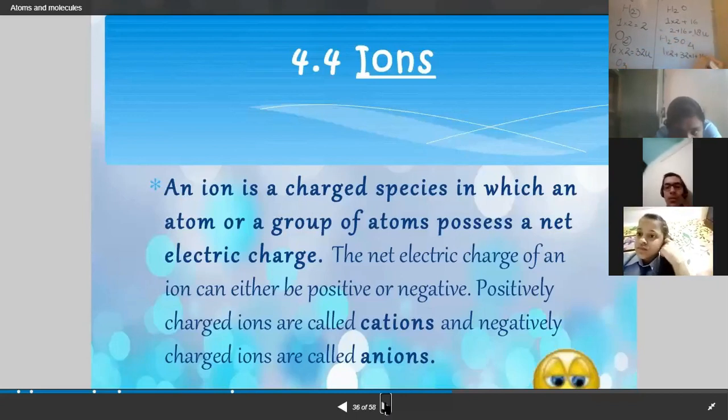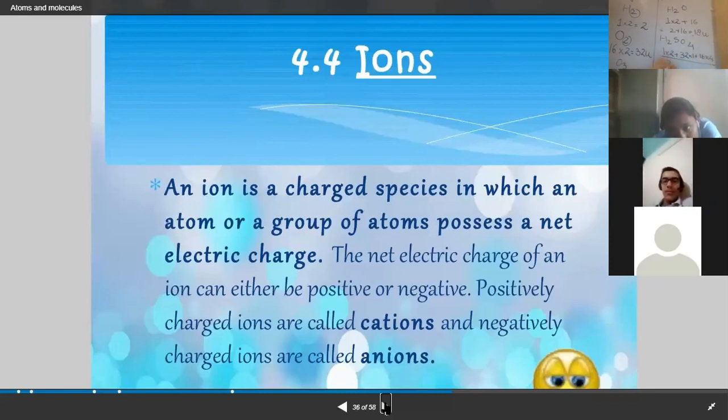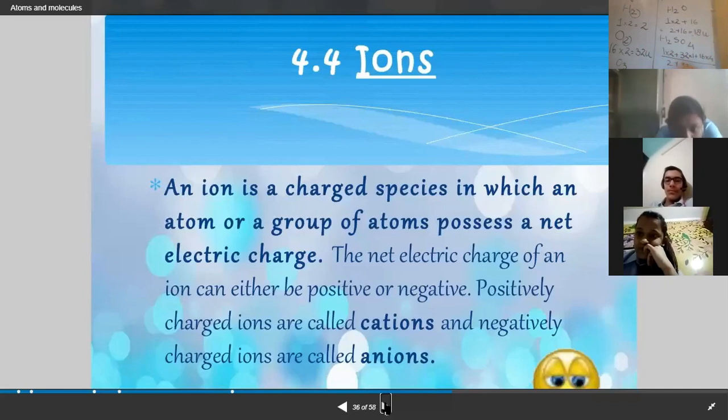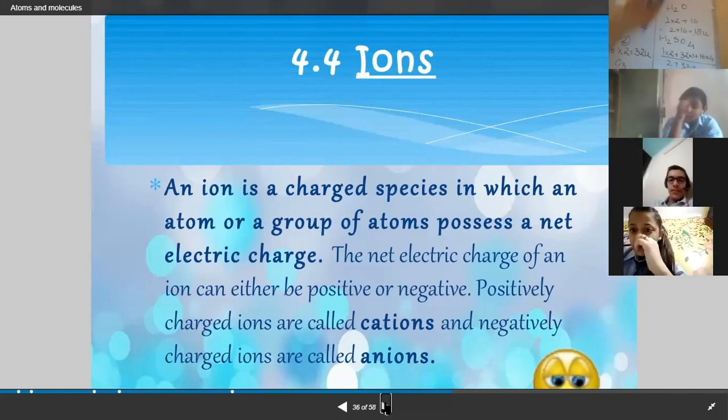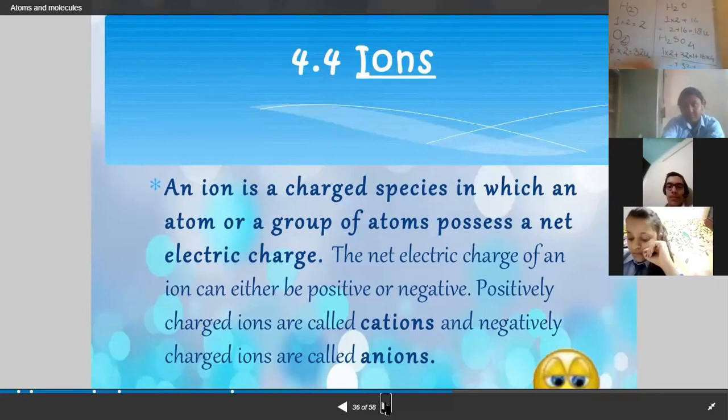So I will write 16 into 4. Then I will calculate 2 plus 32 plus 64, which ultimately turns out to be 98 units. In the same manner, you can calculate the molecular mass of an element as well as of a compound.